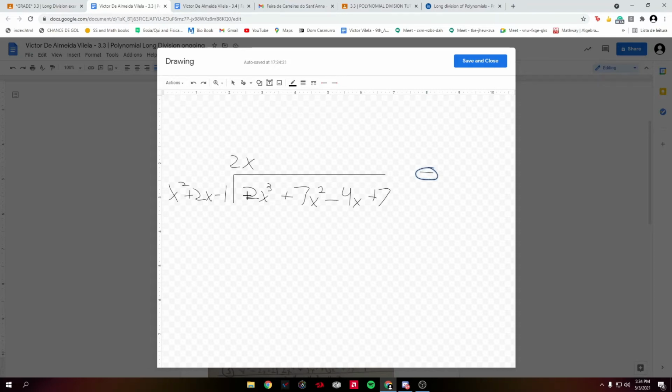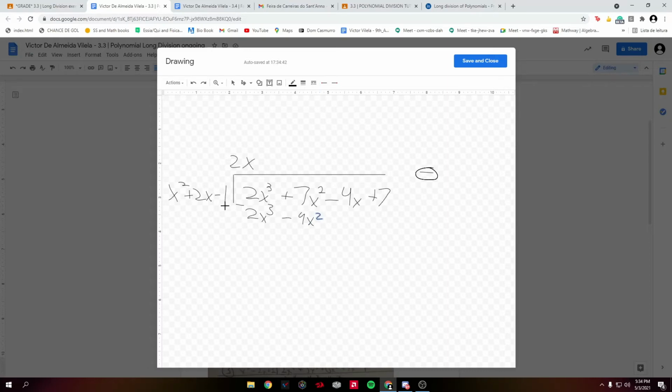After we do this, this will be 2x cubed, negative. And then we have to do this for all the numbers. So this would be 4x squared and a negative.